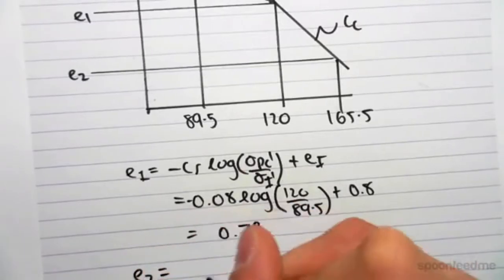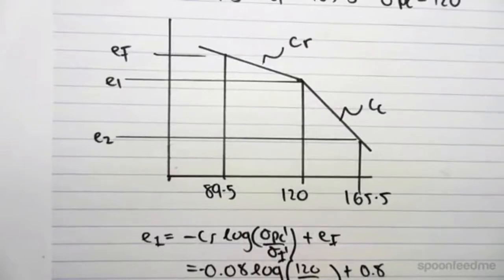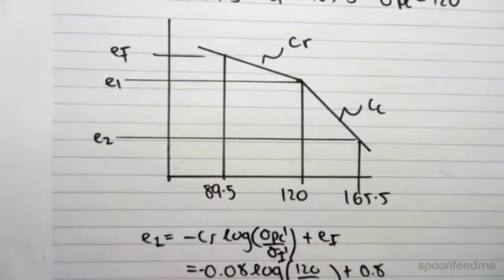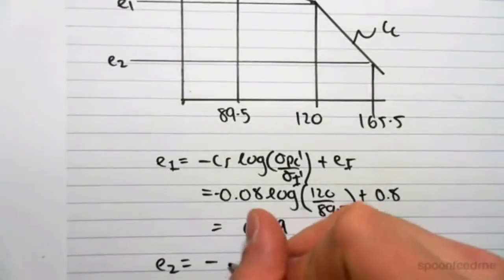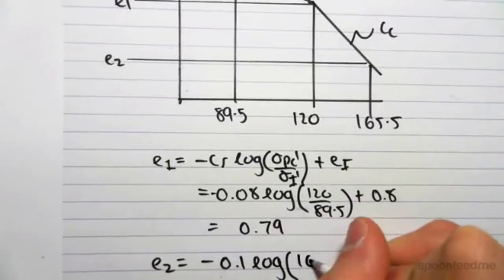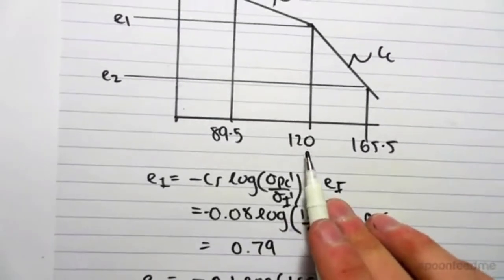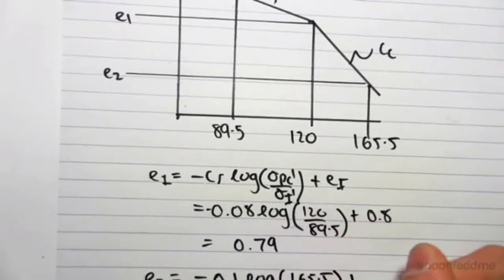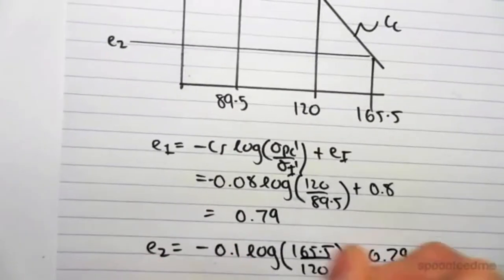We can then work out e2, so now we're along this line. So it's going to be minus CC, and CC is 0.1. So minus CC log sigma final, which is 165.5, over sigma initial, which is the pre-consolidated stress of 120, plus the initial void ratio, which in our case is e1, so that'll be 0.79.